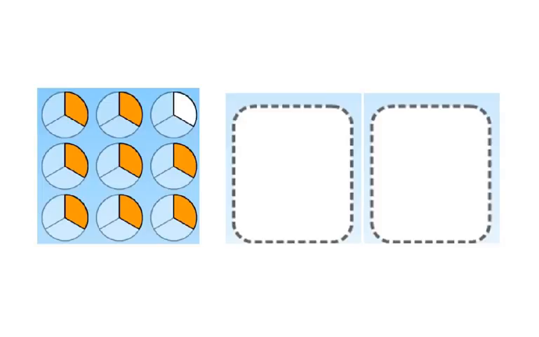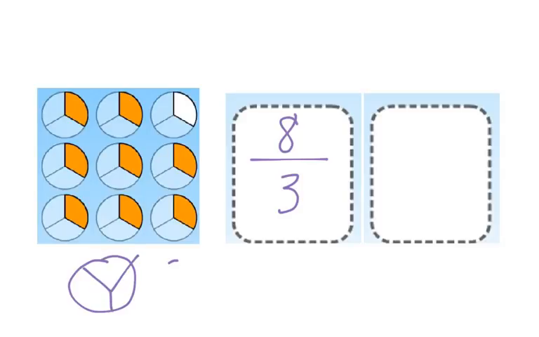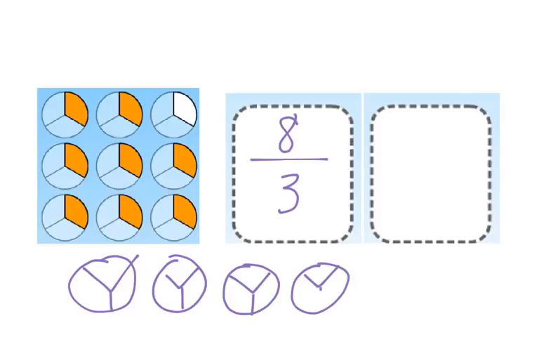This time I have 1, 2, 3, 4, 5, 6, 7, 8 pieces that are cut in the size of thirds. So I have 8 thirds. So I'm going to draw a couple of not so perfect circles, and I'm going to see how many circles I can completely fill with the 8 thirds.